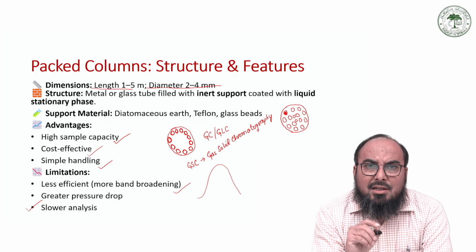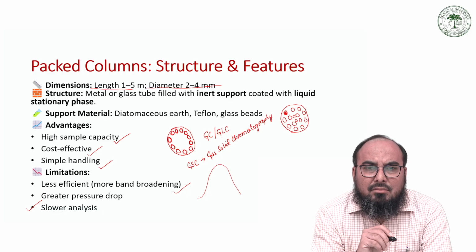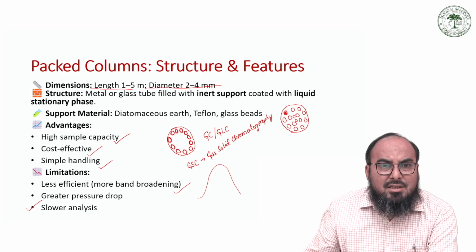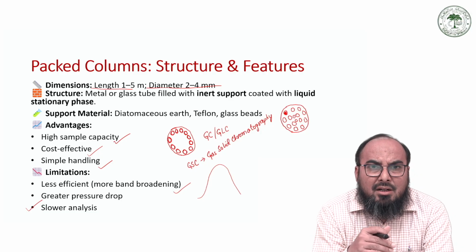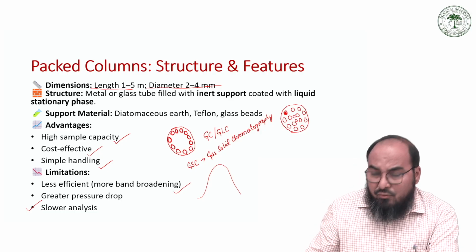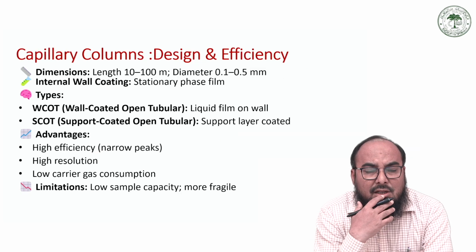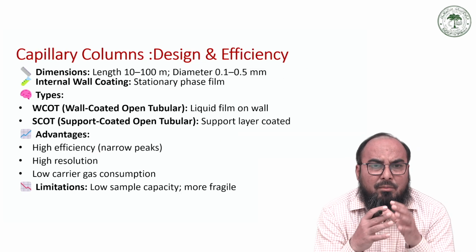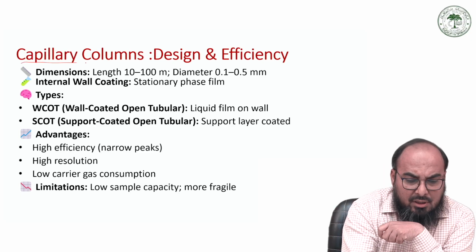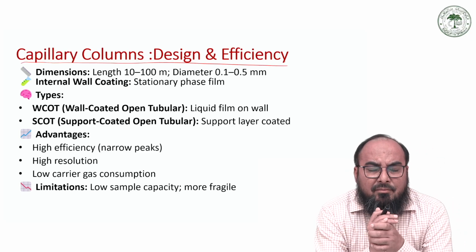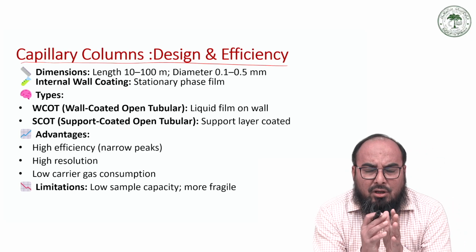But again, for example, for a newcomer you can use a packed column because it is easy to handle. So there are certain advantages and there are certain disadvantages. Let us see what the open tubular column has given to us. So open tubular column, or simply capillary column, these are the wonderful columns, and you can say upgraded columns.